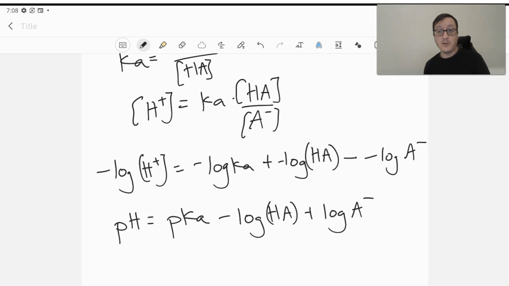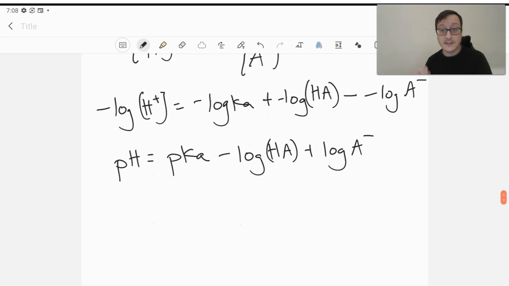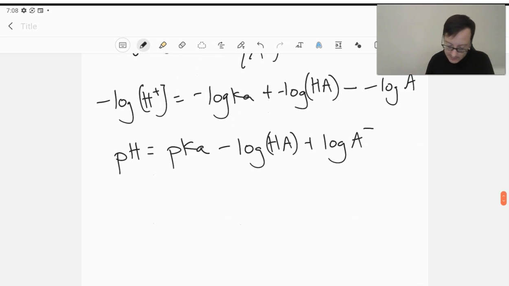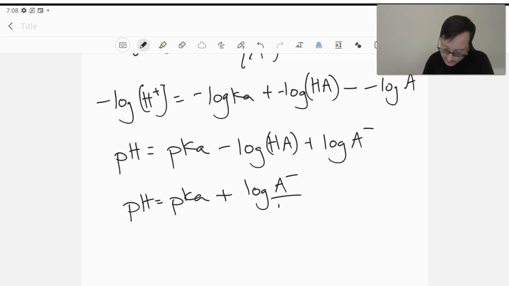If we know the signs of the logs, we can combine those together. Just like we separated them out before, we can say plus log of A minus over HA and put those all in one big term.